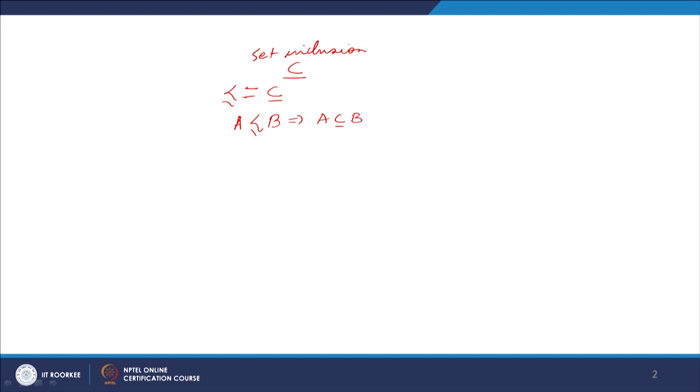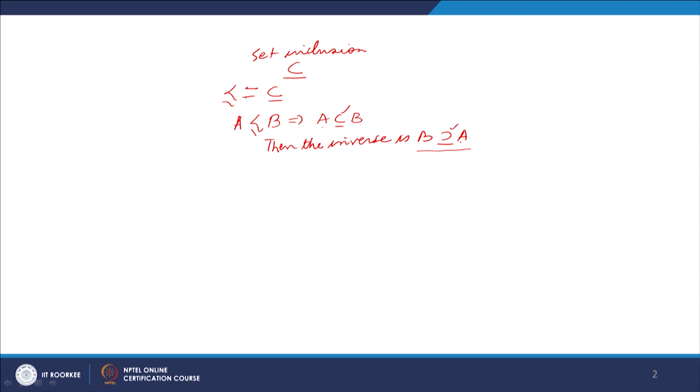So, the inverse of this will be B contains A. When you write the inverse of A is contained in B, what you get is B contains A. So, this is the notation for set inclusion, and this is the notation for set containment.